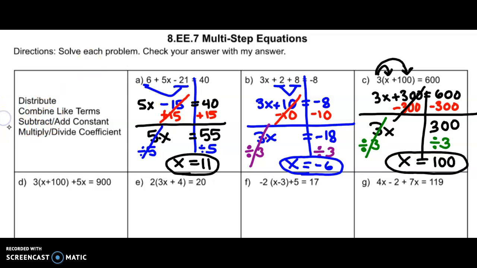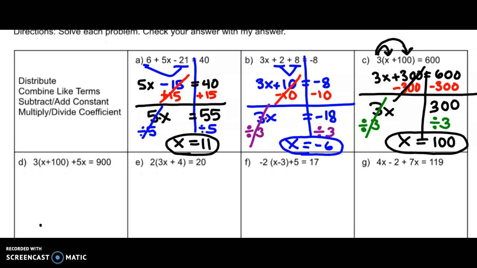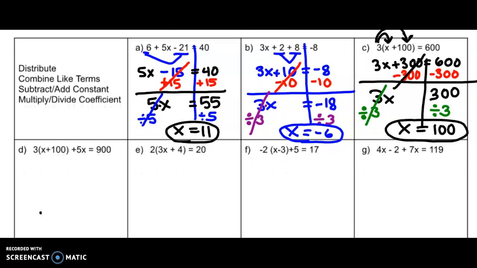Okay, I'm going to do one more example with you guys. I'm going to do D. So D, we are going to check to see if we need to distribute, then combine like terms, then either add or subtract the constant and multiply and divide the coefficient. So I'm going to first see if I need to distribute, and yes, I do.